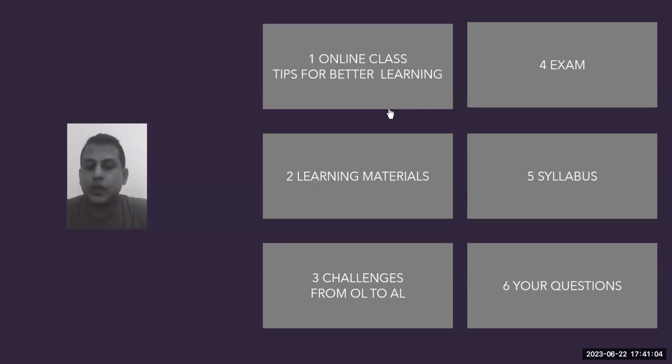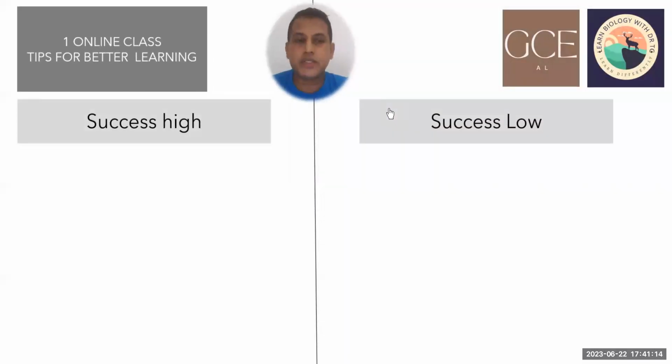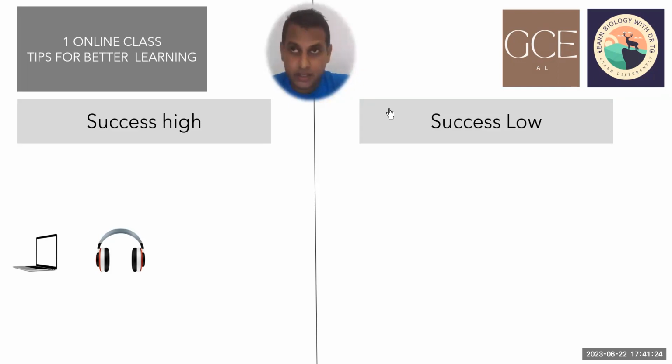Okay, first, online class: how the student should come up to have better quality classes. These things are very important. Success is high if you use your computer and you use a headset or earphones, because the quality of the voice might change from one end to the other.